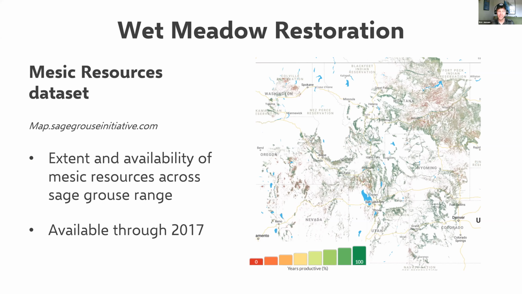It shows extent and availability of mesic resources across sage grouse range for every year up through 2017. That's the only catch: it hasn't been updated for the last few years, as far as I know, not on the website anyway. So that's another one maybe worth exploring.